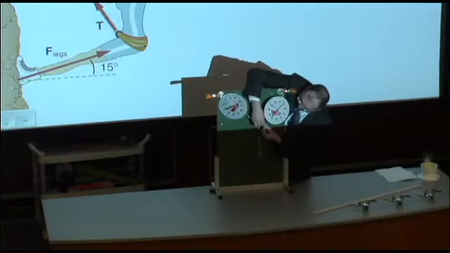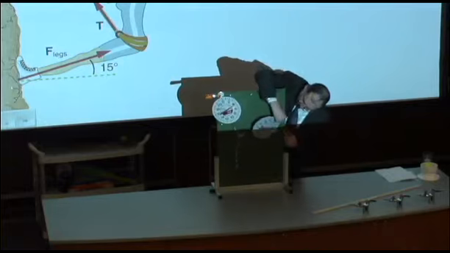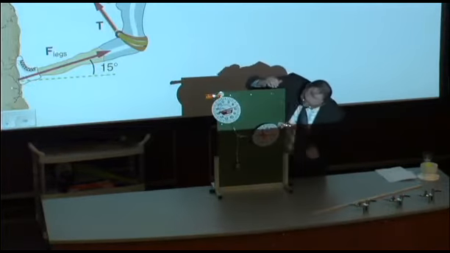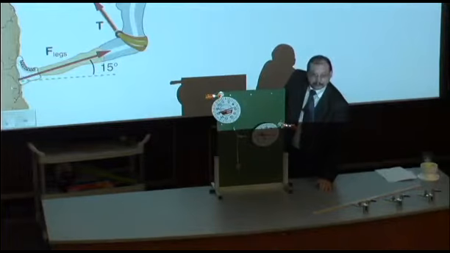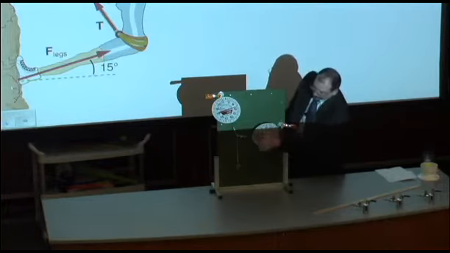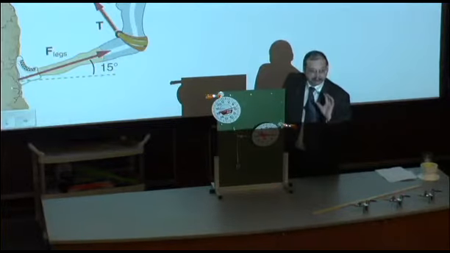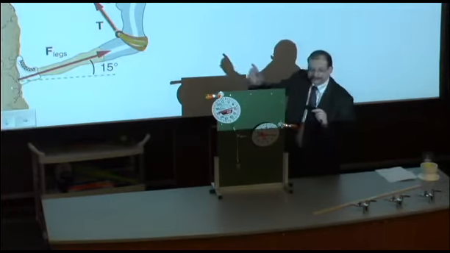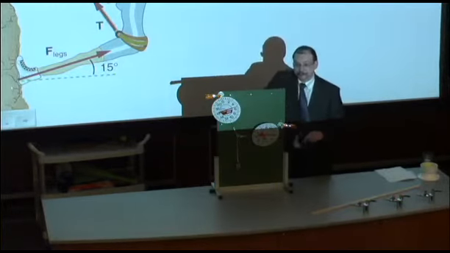For example, I can move it like that, and the numbers change. For every situation like this, we always can draw a free body diagram, and we can apply the condition for equilibrium. That's what I'm going to do for this picture.